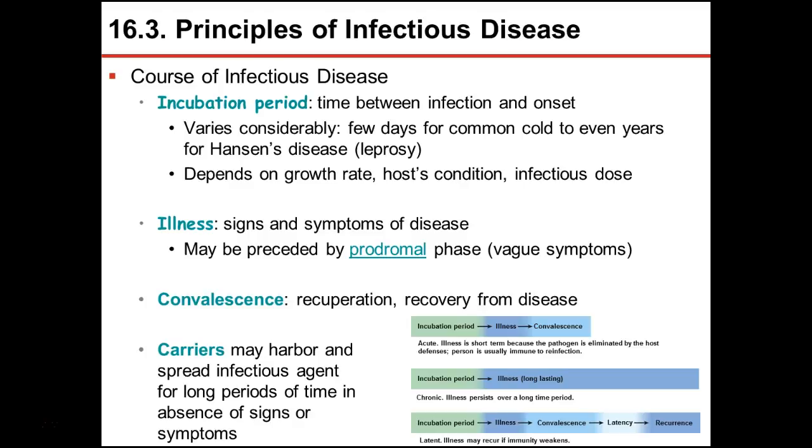So it could be dependent on the host condition, whether they are experiencing any sort of immunocompromising situations, or the infectious dose was much larger than a typical person. And again, one of the things for leprosy and tuberculosis is that they're both mycobacterium, which grow incredibly slow.